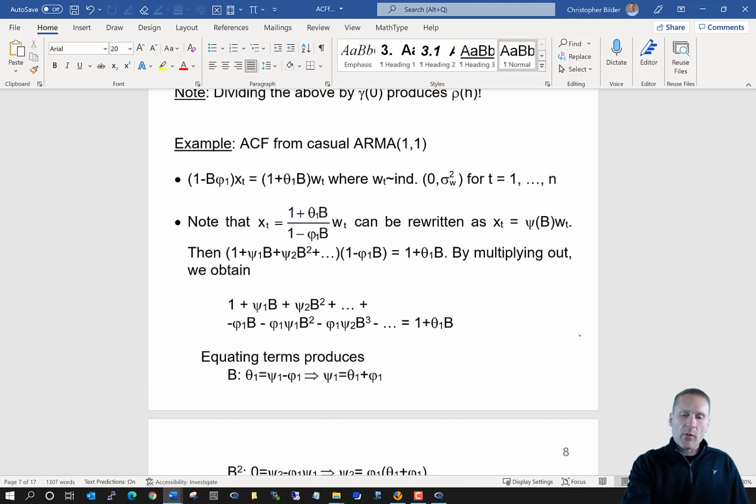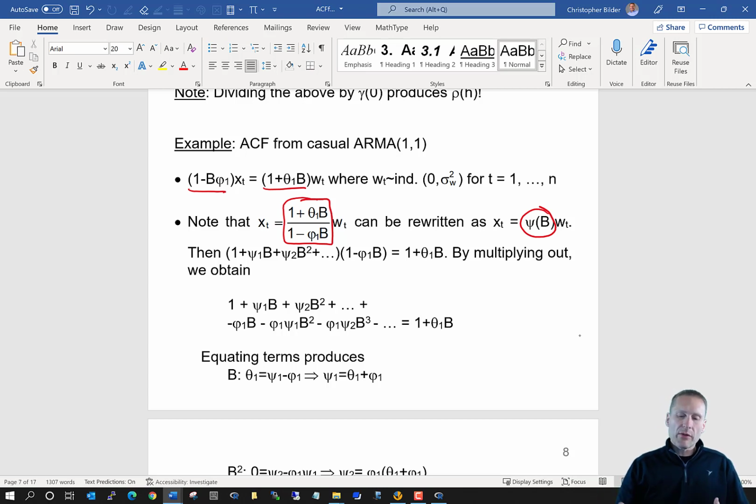So here's my ARMA 1-1. I have one term for the AR part and one term for the moving average part. I can rewrite my model so that I have the moving average operator divided by the autoregressive operator, and I'm going to set this equal to this psi of b, this infinite sum, you could say, that leads to an infinite order moving average.